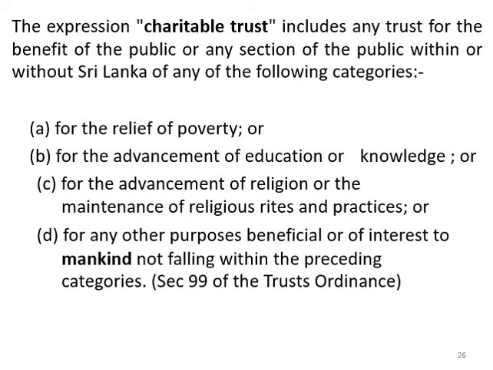It may be for the relief of poverty, advancement of education or knowledge, or advancement of religion, or the maintenance of religious rites and practices, or any other purpose beneficial or of interest to mankind, not falling within the preceding categories.